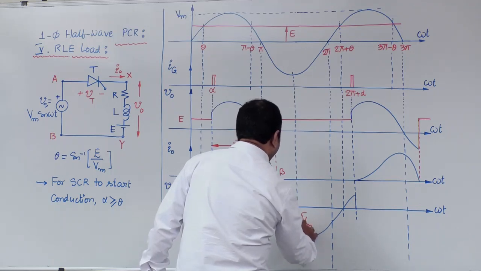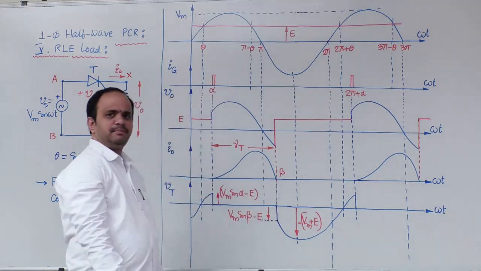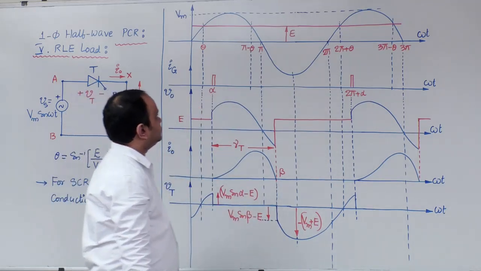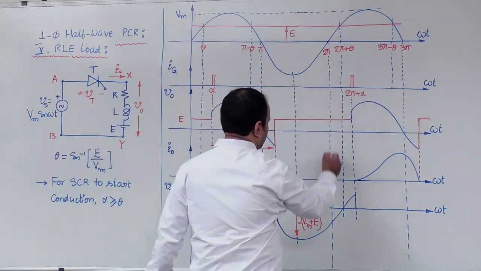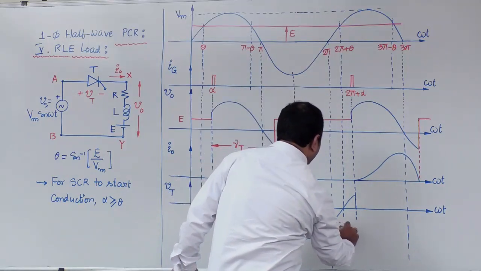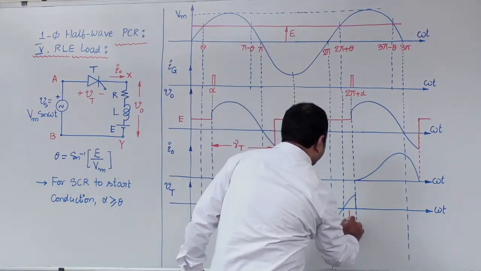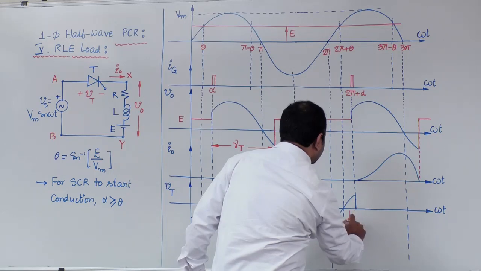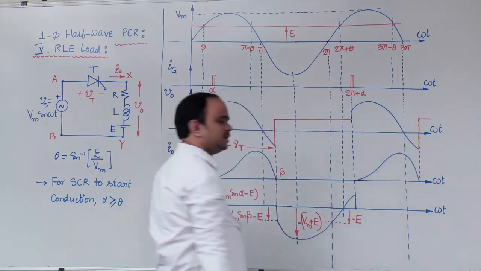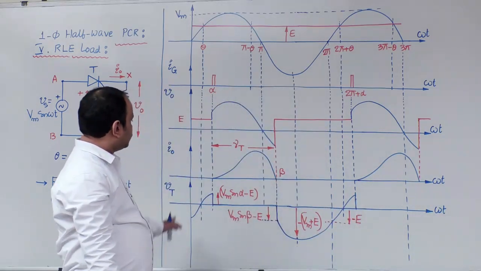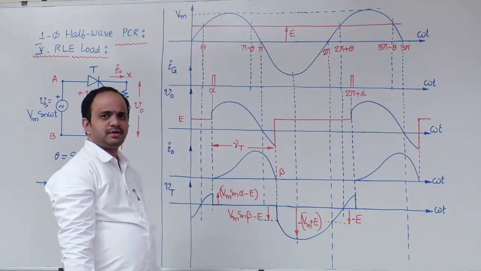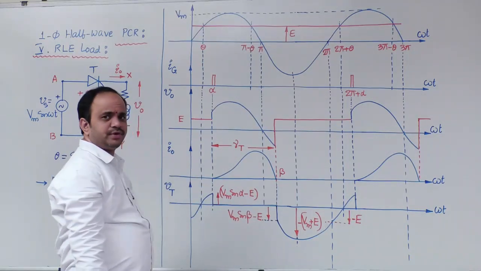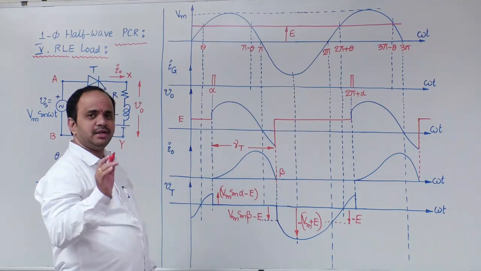Minus of Vm plus E. Next, at 2 pi, this voltage value is minus E. Now these are the waveforms for the single phase half wave phase controlled rectifier with RLE load.